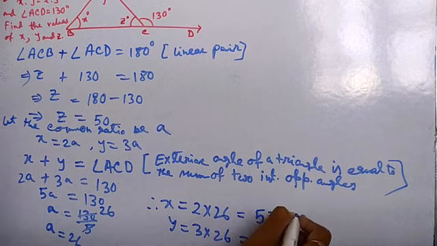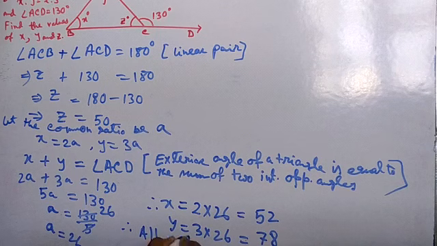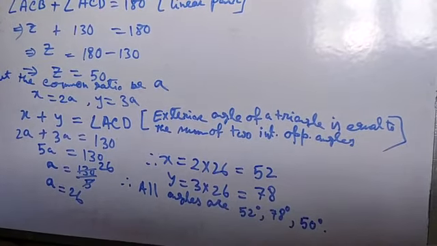So therefore all angles are 52 degree, 78 degree and z equal to 50 degree. x equal to 52, y equal to 78 and z equal to 50 degree.